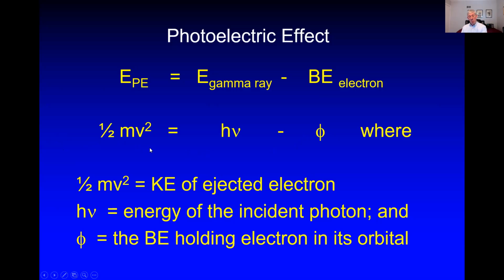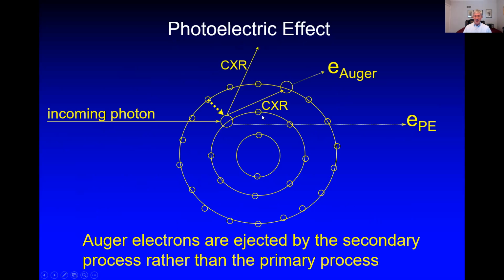The energy of any particle in motion is 1/2 mv squared, that's the mass and the velocity. This is the energy of any photon, h nu. H is Planck's constant, and nu is the frequency, and phi, the Greek letter phi, represents the binding energy. Now let's go back to the diagram.